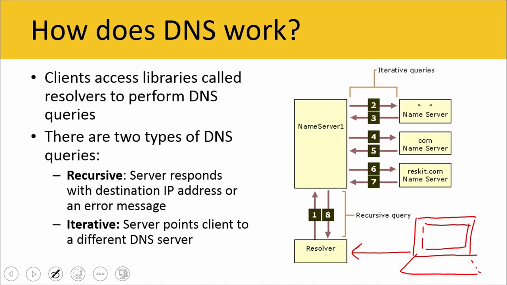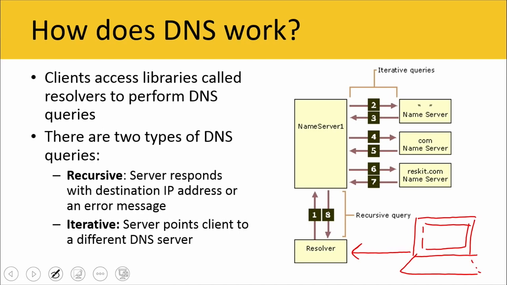Now, what happens when the resolver goes to work, it expects that response, and it tries to get it from the name server. The name server might go do some work in the background, and it actually embarks on making some iterative queries. And so what happens first is if the name server doesn't have the IP address in its cache file, which is like the phone book reference that I made earlier, then it's going to send an iterative query to the root name server.